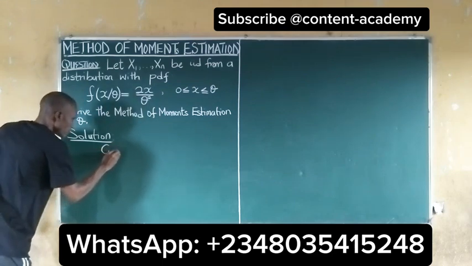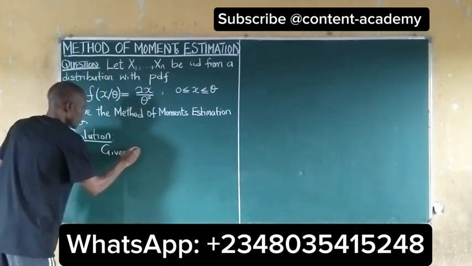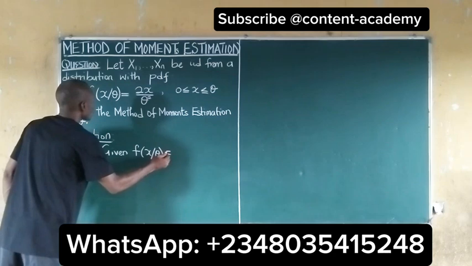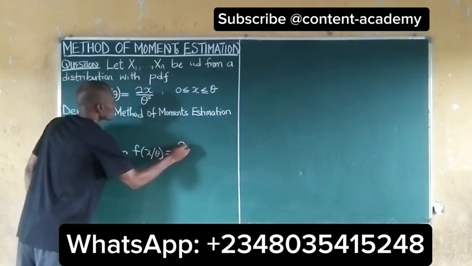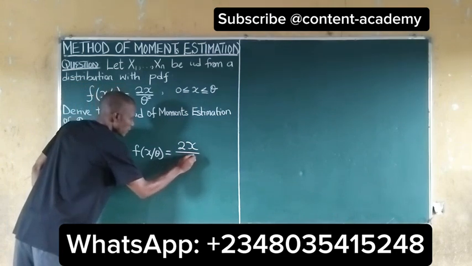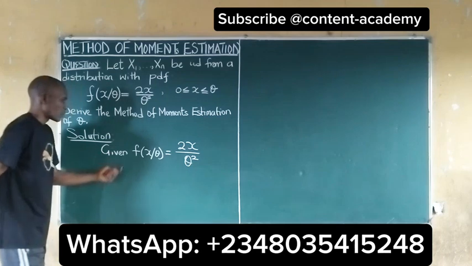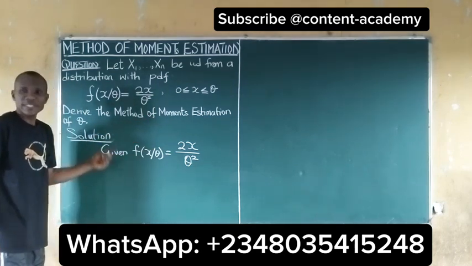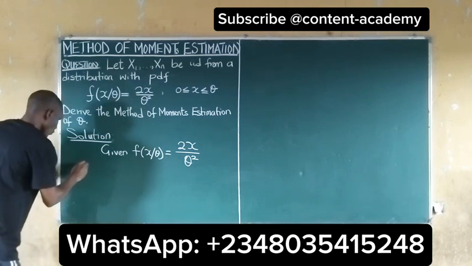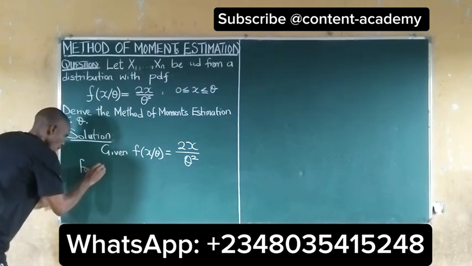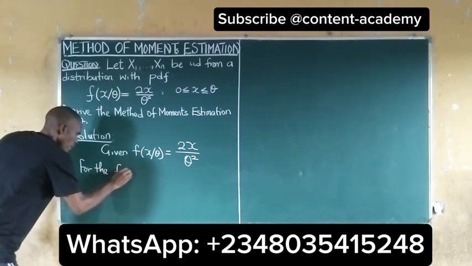So we are given the PDF f of x theta to be equal to 2x all over theta squared. So from the method of moment estimation, we take the first moment.